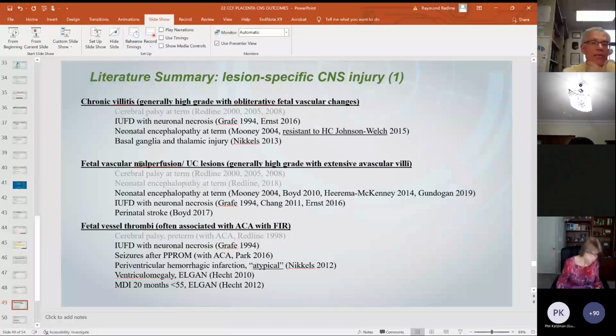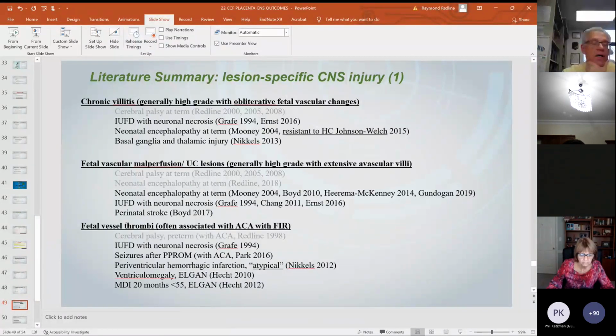Fetal vascular malperfusion and chronic umbilical cord obstructive lesions, usually high grade with extensive avascular villi, were found by a number of other investigators to be associated with neonatal encephalopathy at term, found in several studies to be associated with neuronal necrosis in stillborns, and with perinatal stroke in a study by Theonia Boyd at Children's Hospital in Boston.